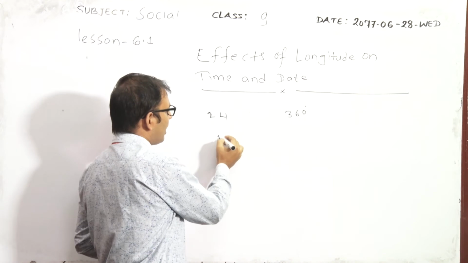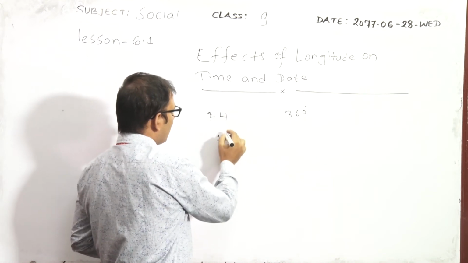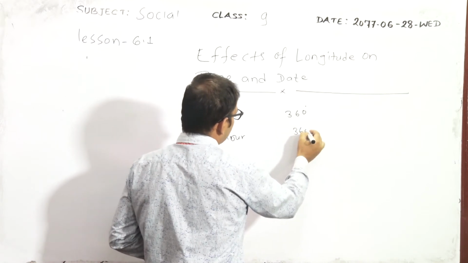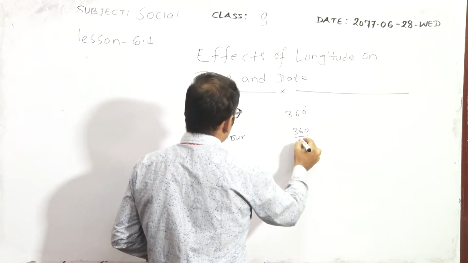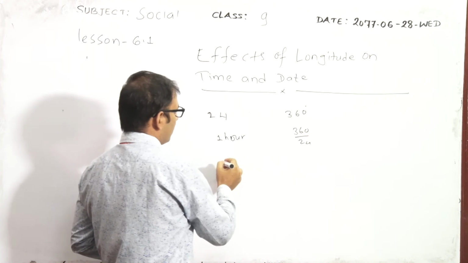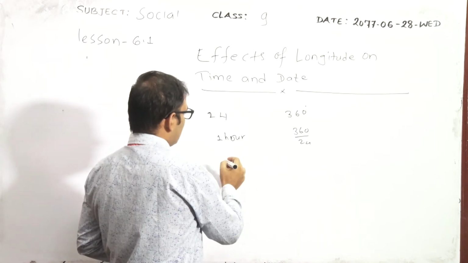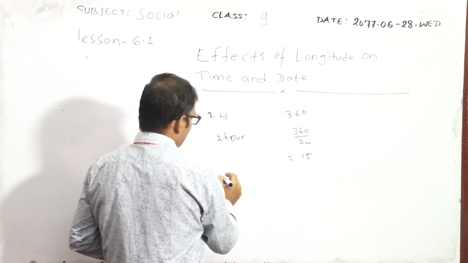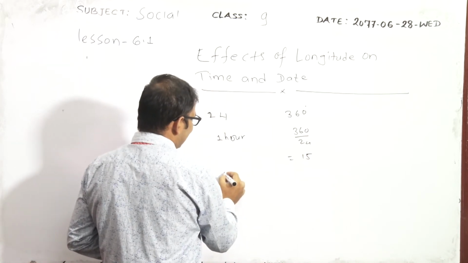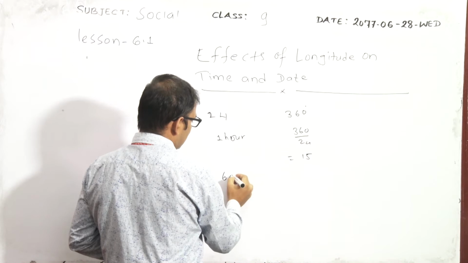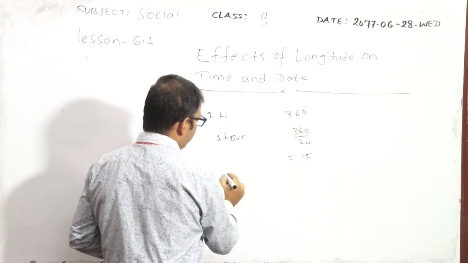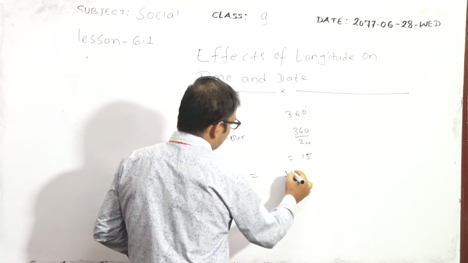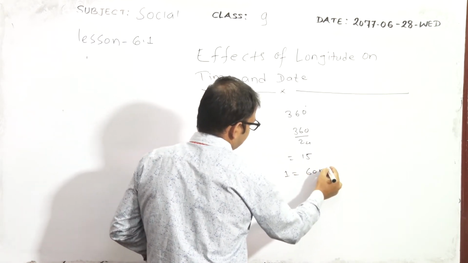In 1 hour means 360 upon 24. So, that is 15. So, to complete 15 degrees, it takes 1 hour, which is 60 minutes.